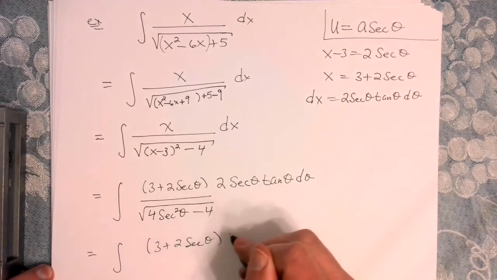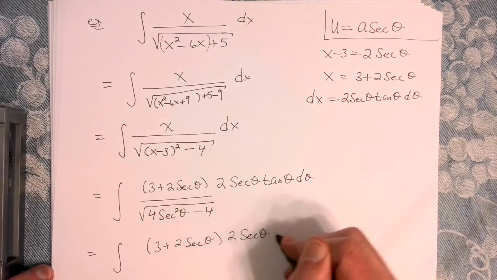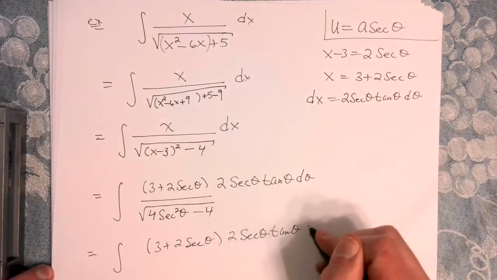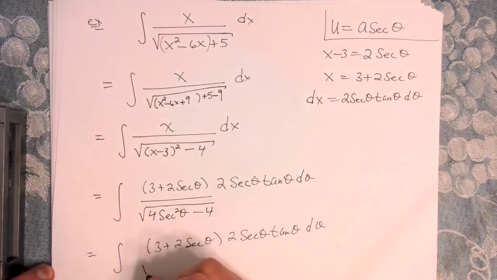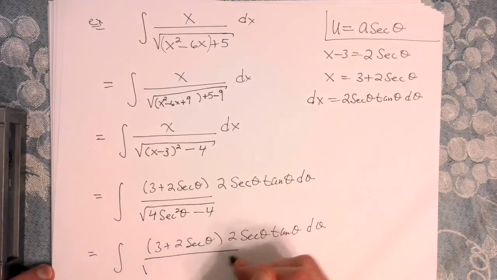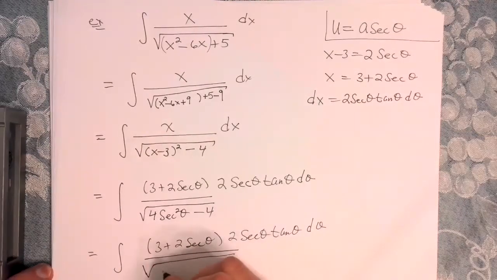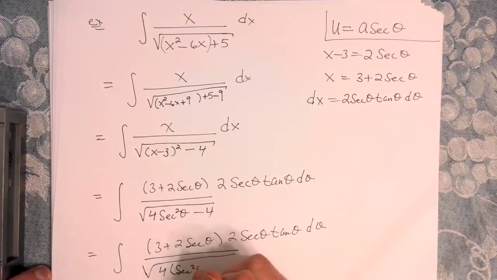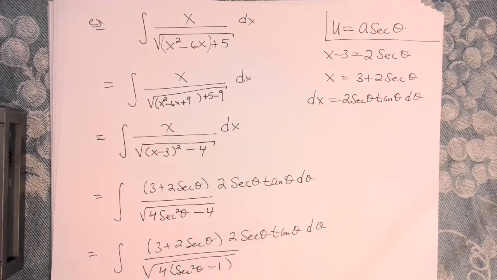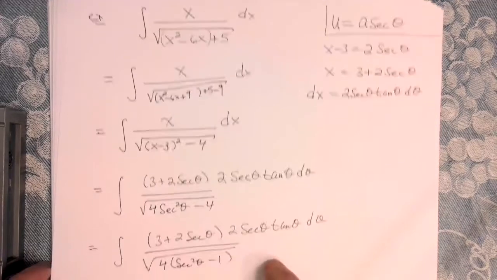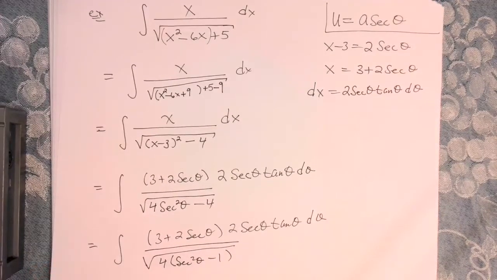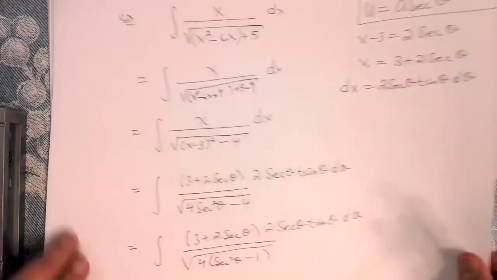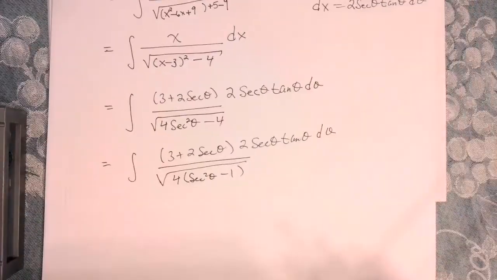So this seems good. We've got 2 secant of theta tangent of theta d theta, over the square root of, factoring a 4 out, secant squared of theta minus 1. Look at that Pythagorean identity right there. How nice is that? That's good, right? Because we know that's equal to 4 tan squared.